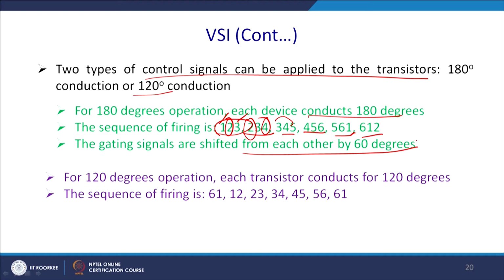For 120 degree mode of conduction, each thyristor conducts 120 degree, and the sequence of firing is 6, 1, thereafter 1, 2, 2, 3, 3, 4, 4, 5, 5, 6, 6, 1, and again it will be repeated.